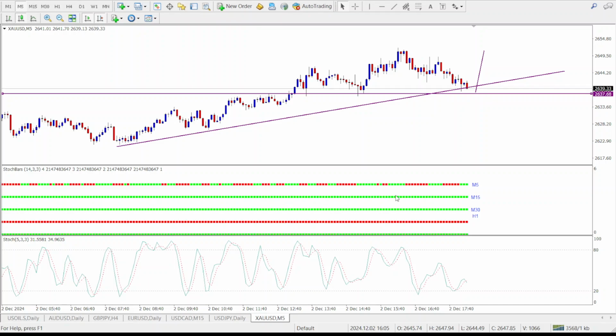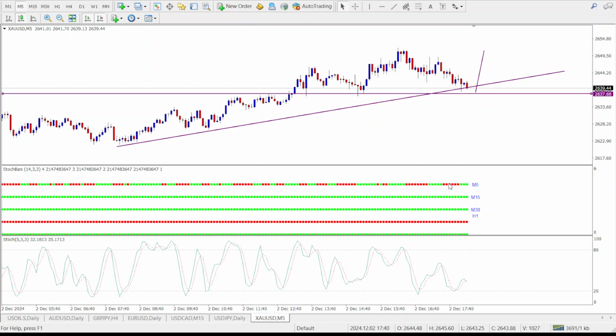Now, this stoch bar indicator does not give precise entry and exit points. It doesn't exactly give precise entry and exit points, but it does some sort of analysis for you and helps you identify possible conditions when it is ideal to buy and when it is ideal to sell. Whenever you have the green bars forming, it shows that it could be a good time to buy.